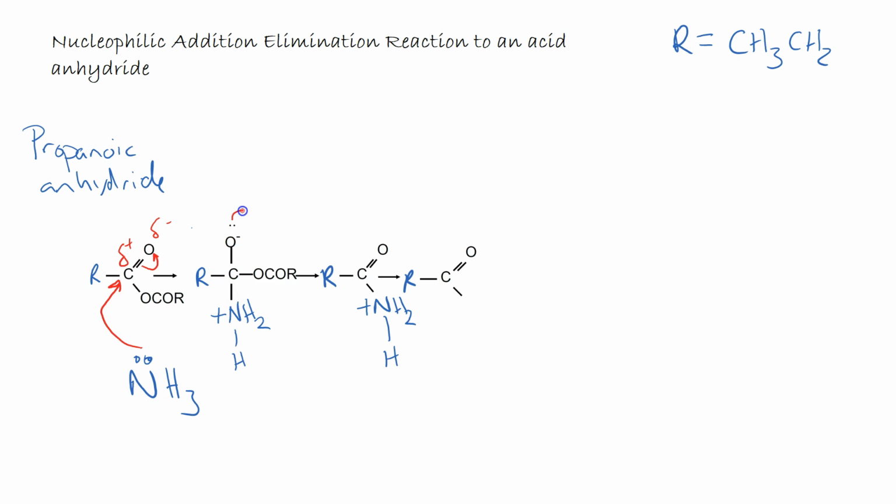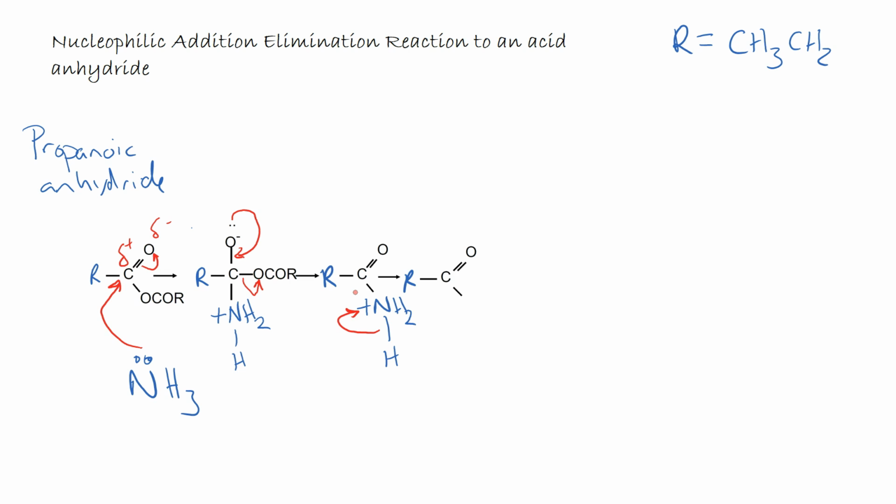The lone pair of electrons then bond back in to the carbon double bond oxygen, and we have the leaving group here of the carboxylate ion. This then leaves the NH2 still with a proton on it.